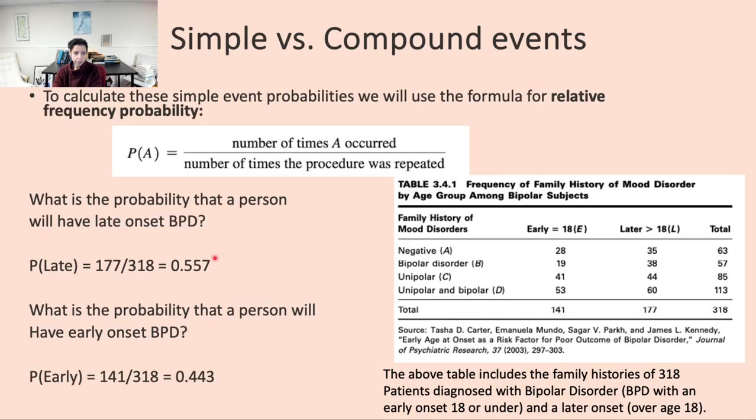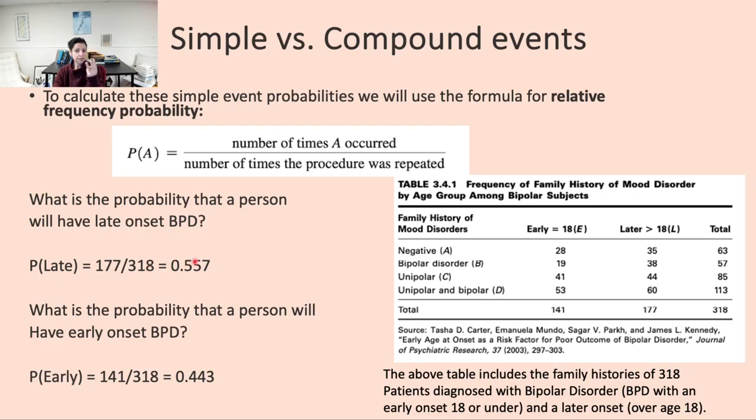So to calculate these simple event probabilities, we'll use the formula for relative frequency probability, right? Where the probability of A is equal to the number of times A occurred over the number of times the procedure was repeated. Okay. So the probability that a person will have late onset BPD, that is 177 of our sample out of 318. So probability of late onset is equal to 177 divided by 318, which is 0.557.